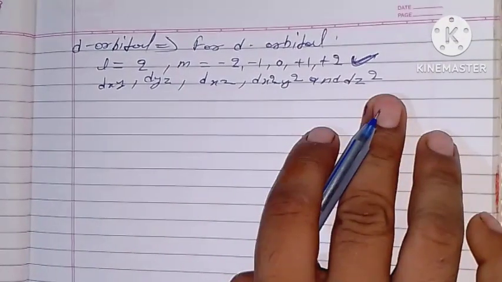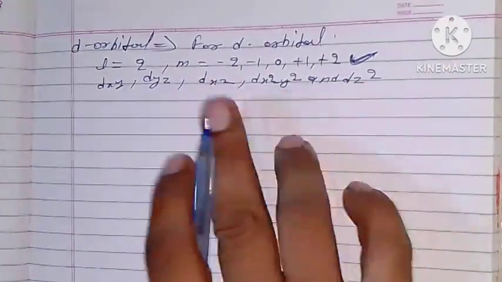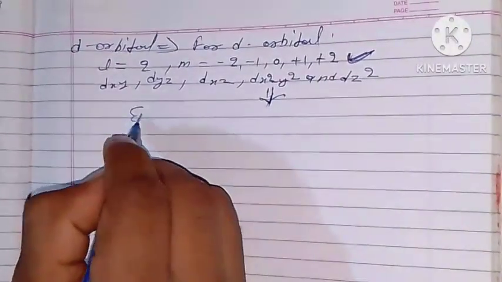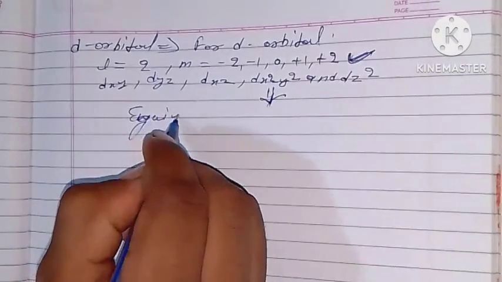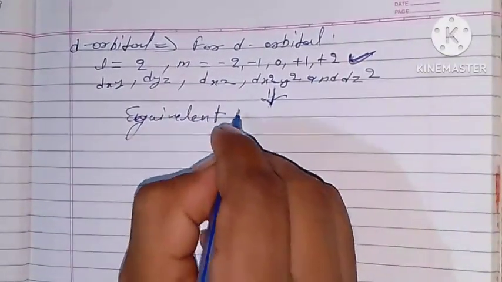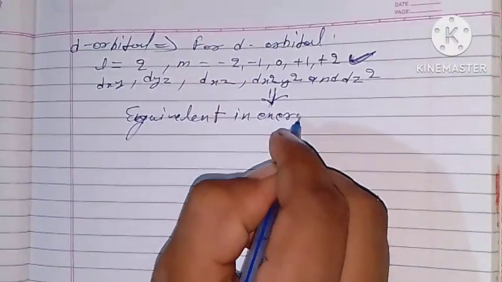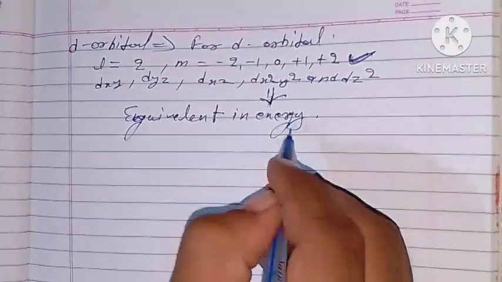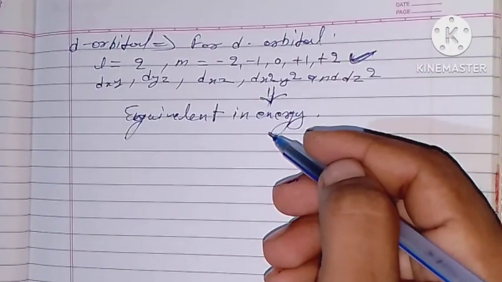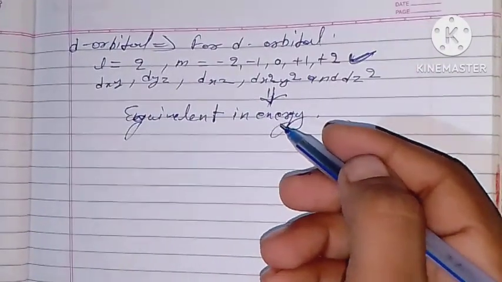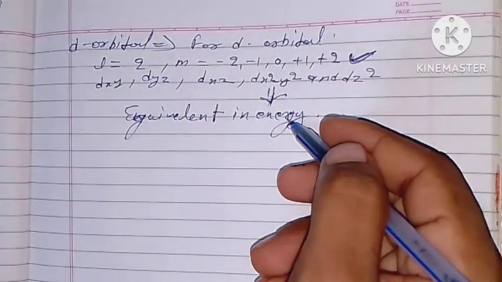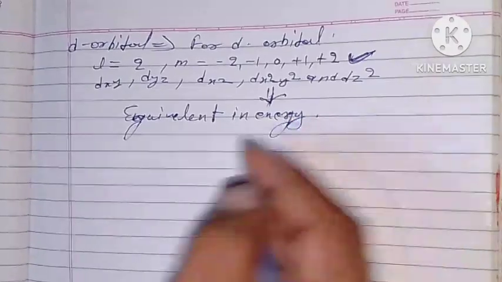All these 5 orbitals are equivalent in energy, and are 5-fold degenerate.